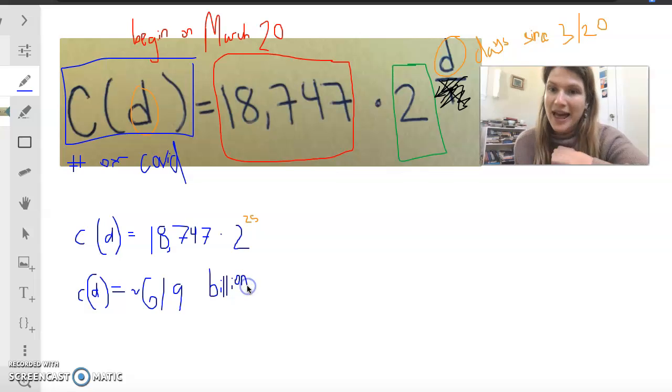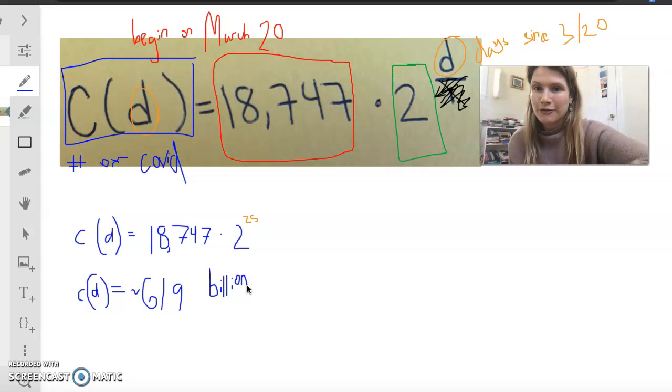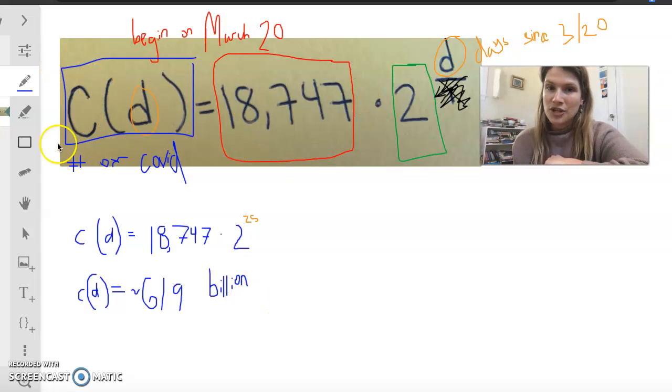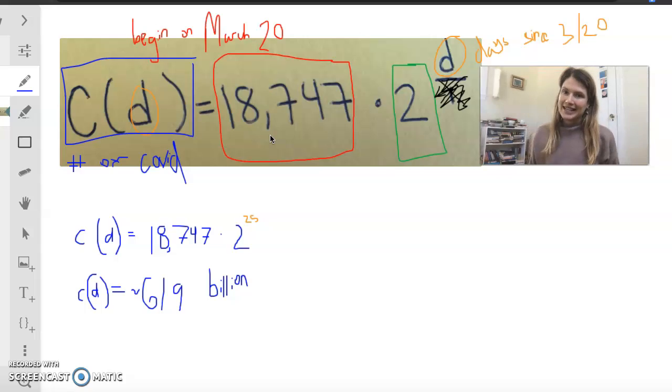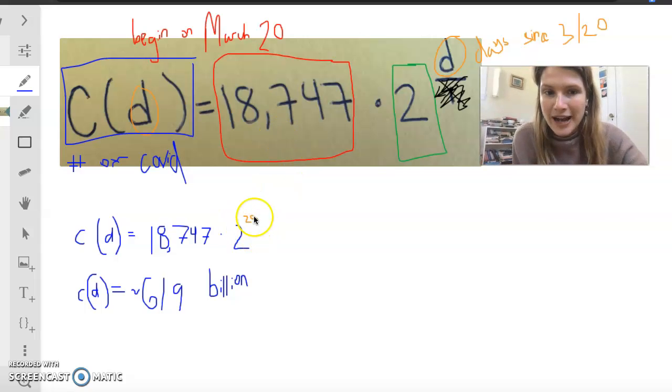Okay, so that is how you predict the number of cases on April 14th. Use your own model. Obviously, everyone's model is going to look a little differently. I just wanted to show you how to do it using Leslie's model. Basically you just plug in 25 for the exponent for D.